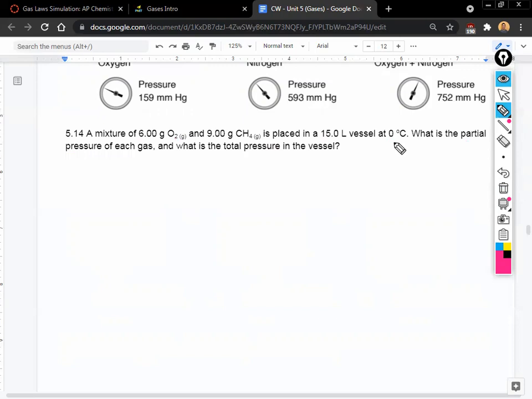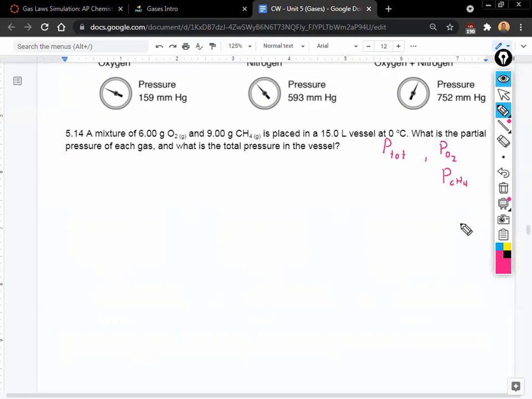So in this question, it's asking us for the total pressure. Okay, I'm going to write that as P tot. It also wants us to find the partial pressure of each gas. So the pressure of oxygen and the pressure of methane.